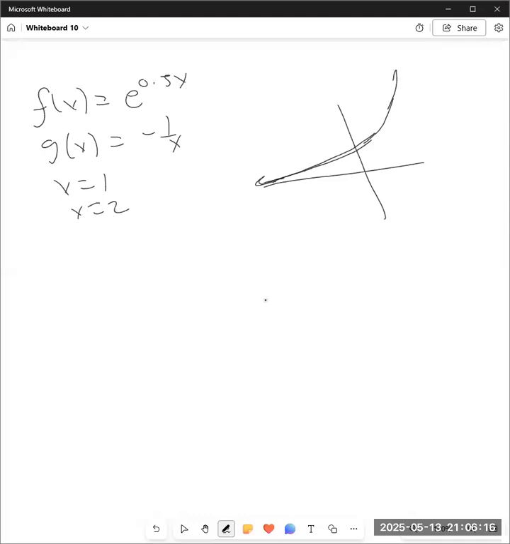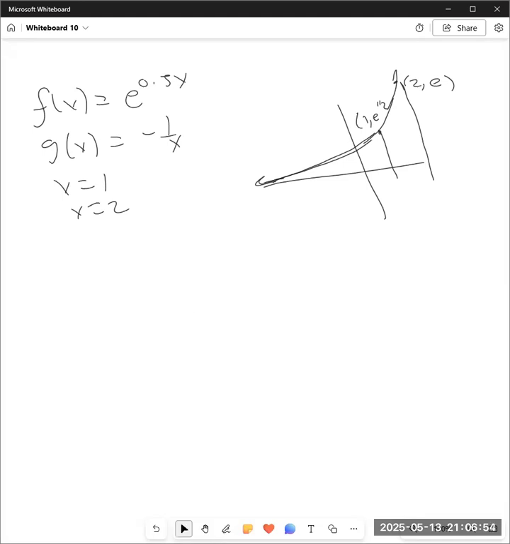e to the 0 is going to be 1. So 1, e to the 1/2 and 2, e to the 1st. And then this is negative 1 over 1, which is negative 1.